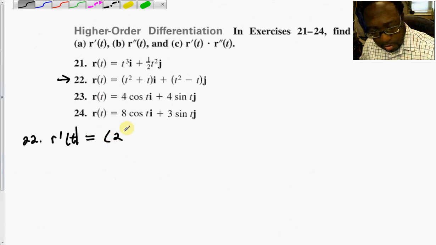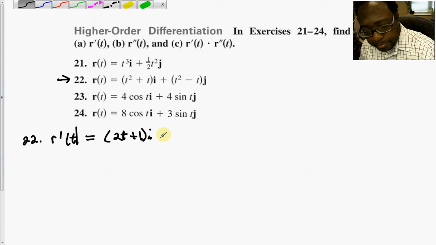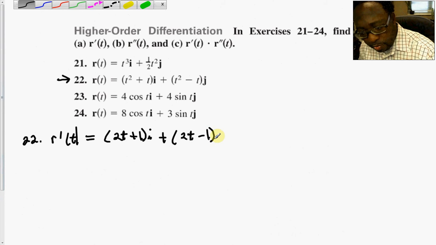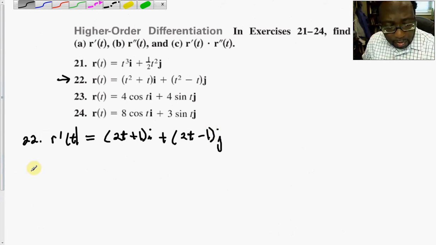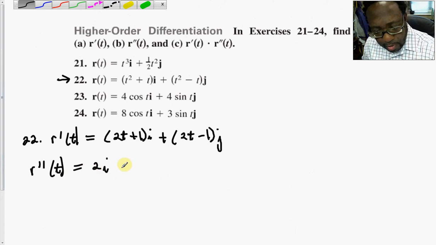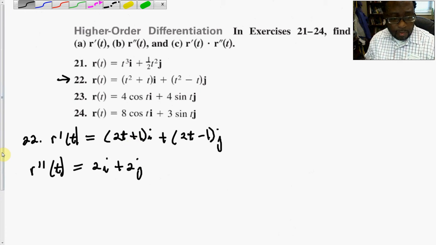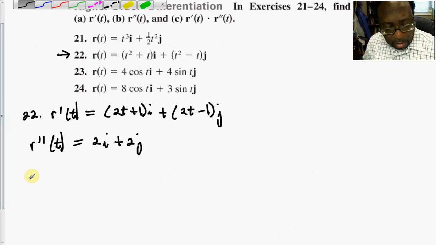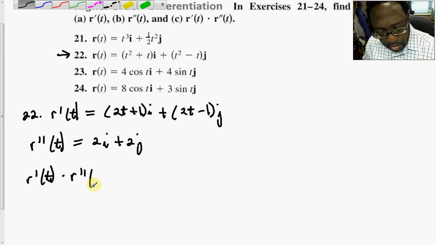So this is 2t plus 1 i plus 2t minus 1 j. We also need the second derivative for this problem, which gives us 2i plus 2j. Now the dot product of r prime of t with r double prime of t.